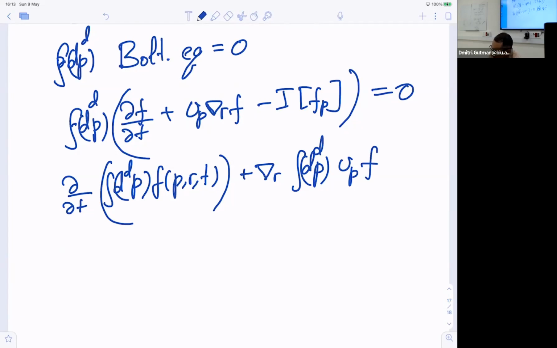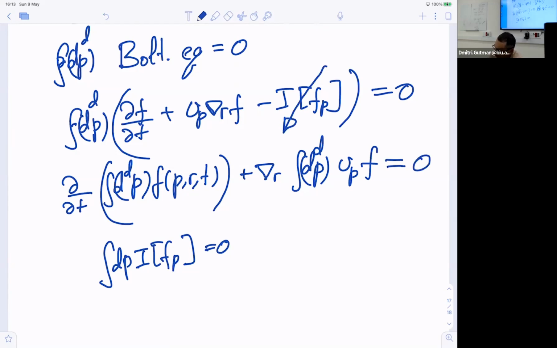And there's a last term, which is an integration of the collision integral with respect to momentum, but as we mentioned 5 minutes ago, the integral over the collision integral of f of p is equal to 0, and therefore this term drops. And we get 0.